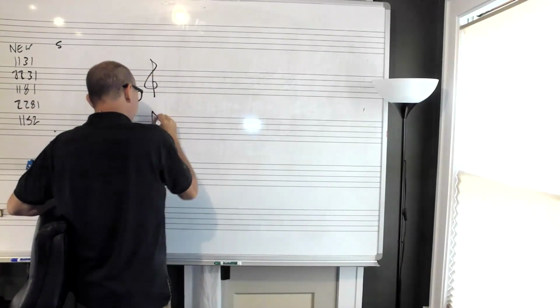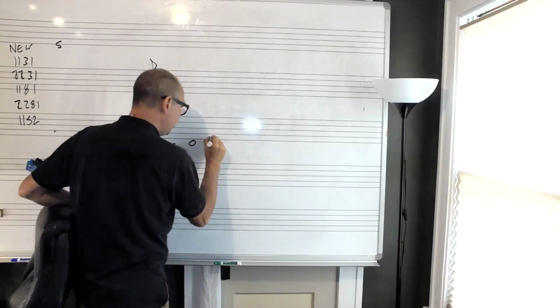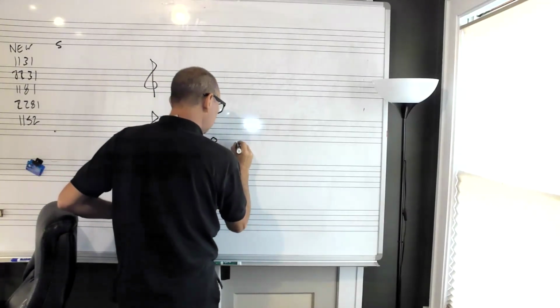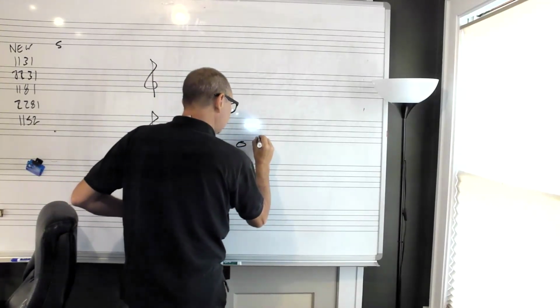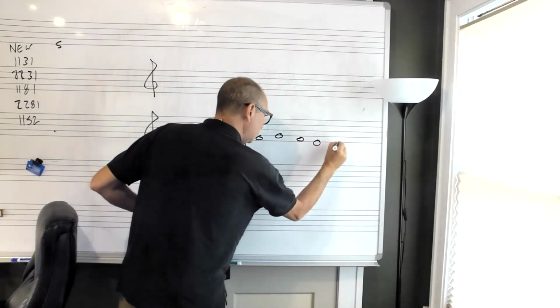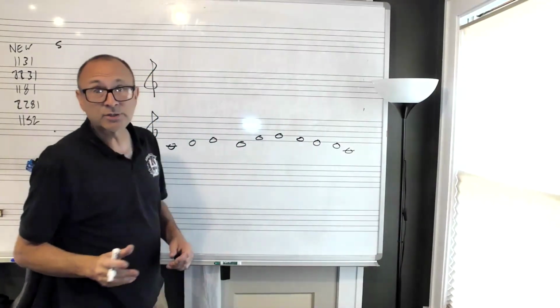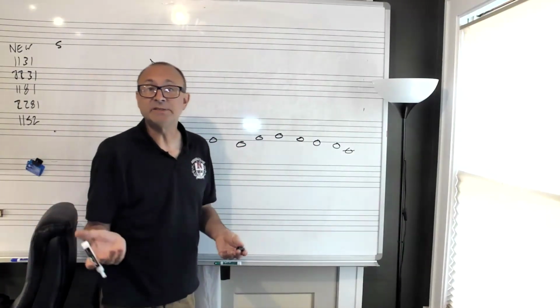Usually they'll be in treble clef. And then you'll be given something like this melody. And the question's going to be, okay, write first species against this.